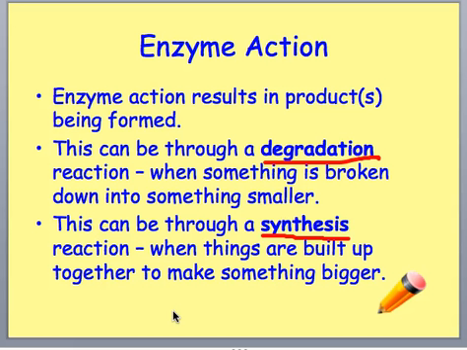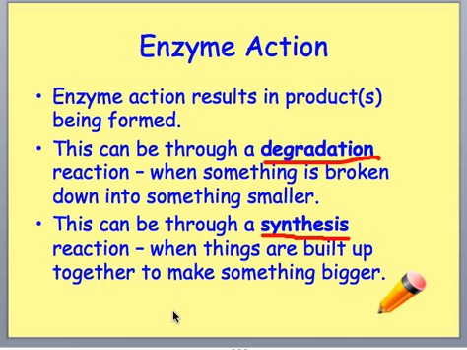So that is a summary of enzyme properties. The summary being that an enzyme is a biological catalyst. It does that by lowering the activation energy of the chemical reaction that's taking place. An enzyme takes part in a reaction, but it is unchanged by the reaction itself.